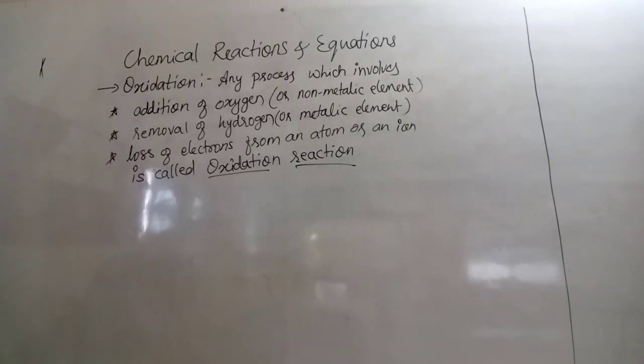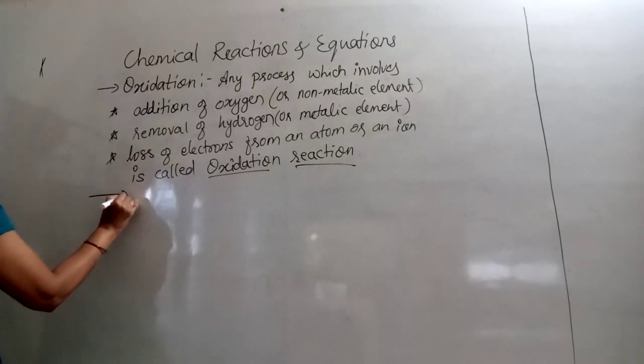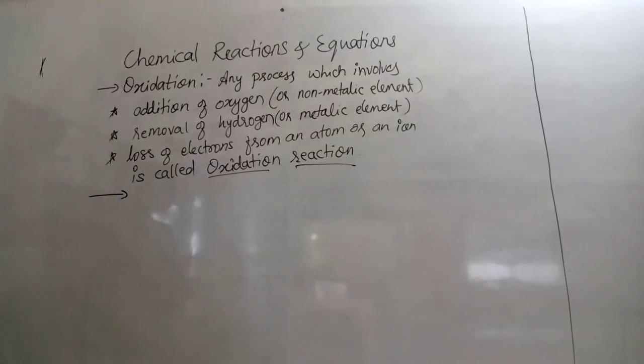So we will discuss now with examples. And the substance which can bring about oxidation of another substance is called an oxidizing agent.